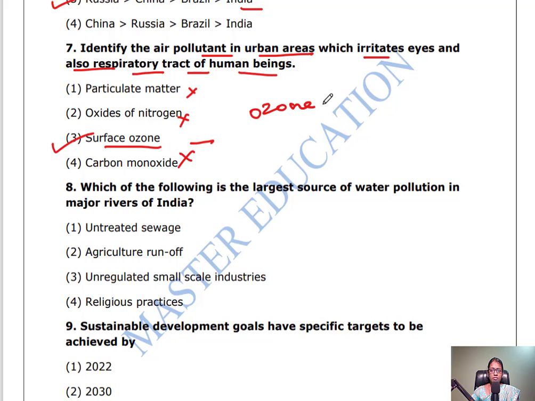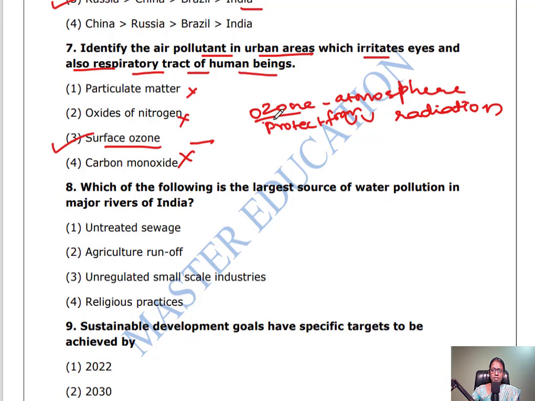The ozone layer is in the stratospheric layer of the atmosphere, which is good for humanity. It will protect from UV radiation. So this ozone layer is in the stratospheric layer. But surface ozone is created at the earth level.